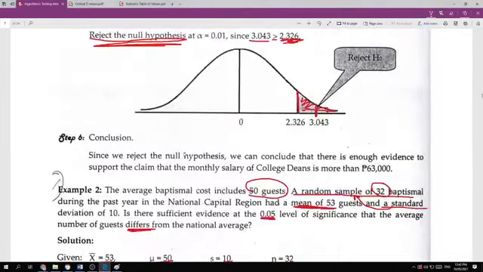Look at the conclusion. So, we reject the null hypothesis. Therefore, there is enough evidence to support the claim that the monthly salary of the dean is more than 63,000 pesos. So, meaning, gi-accept ang claim nga ang monthly salary is 63,000 pesos. Questions about example number 1?